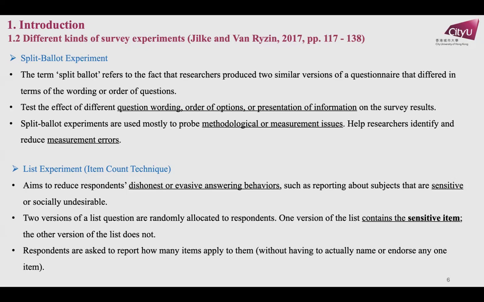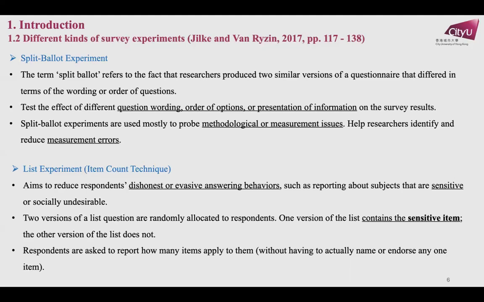voting behavior. And then the second one is the list experiment, which is used to measure sensitive topics or opinions that respondents may show dishonest or evasive answering behaviors. In a typical list experiment, respondents are divided into two groups.